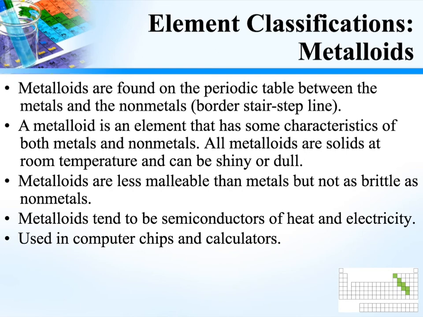They are less malleable than metals, but not quite as brittle as nonmetals. And they tend to be semiconductors of heat and electricity. So they do conduct, but they are not excellent conductors like the metals are. This group of elements is often used in computer chips and in the making of calculators.